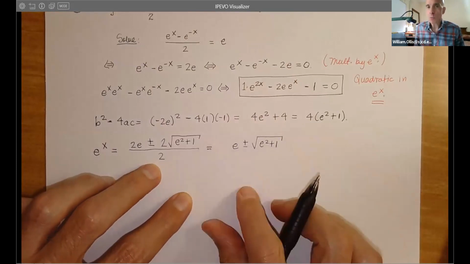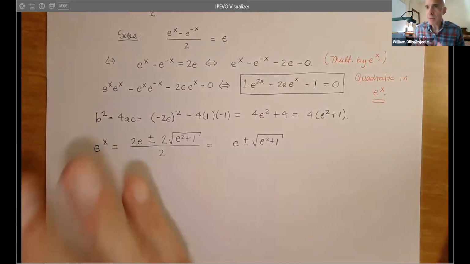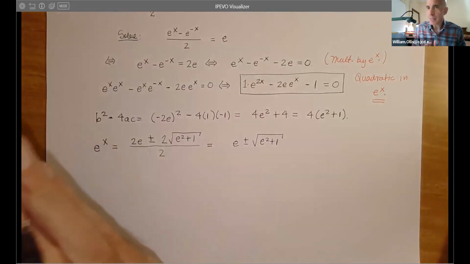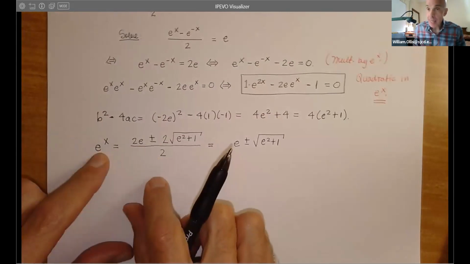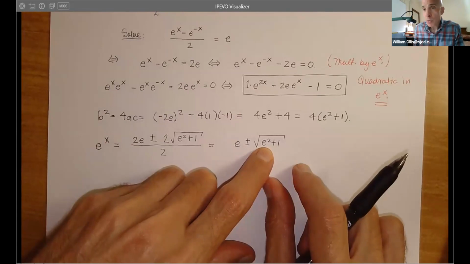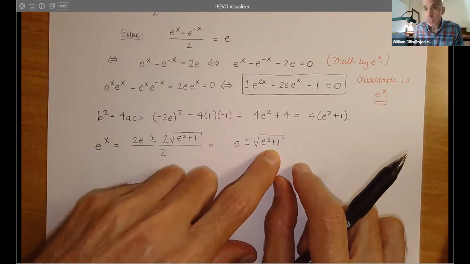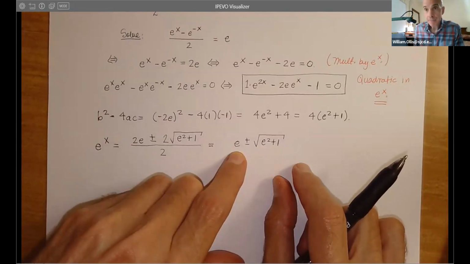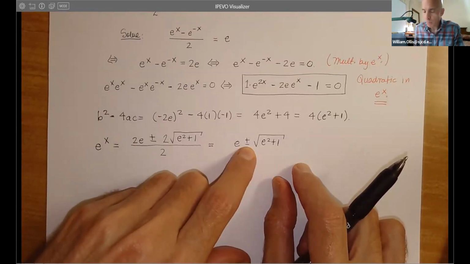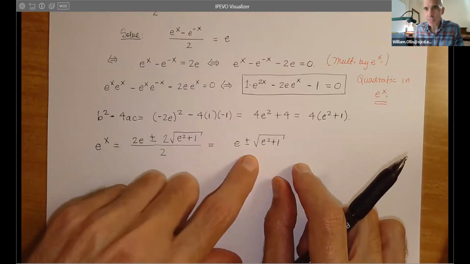Now, this is where we get to use, again, the same strategy that we've utilized 2 or 3 times in the lecture today. E to the x is positive. Now, the square root of e squared plus 1 is larger than e, obviously larger than e. And so the negative here would produce an output that's negative.